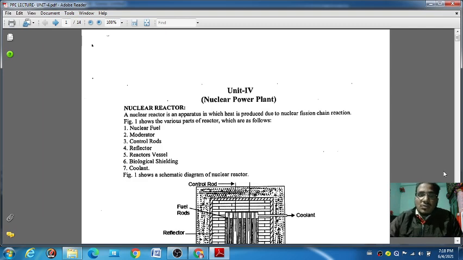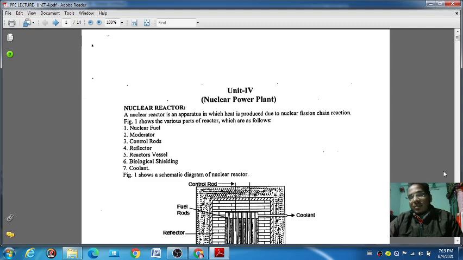Now, what is a nuclear reactor? It is one apparatus, like a big tank, in which heat is produced due to nuclear fission. Here a nuclear fission chain reaction takes place, and that is why heat energy is produced. Some other elements, like bromine and sodium, are also used.